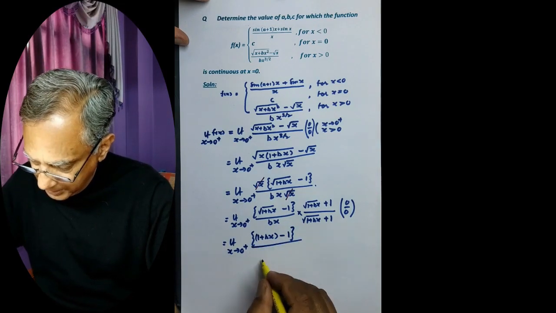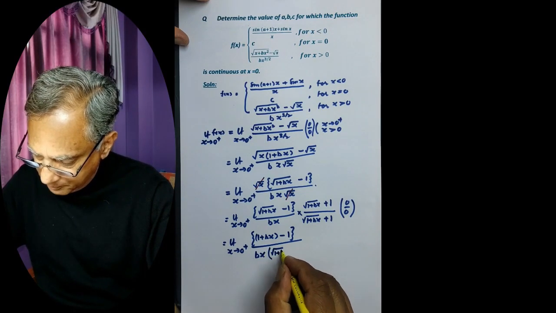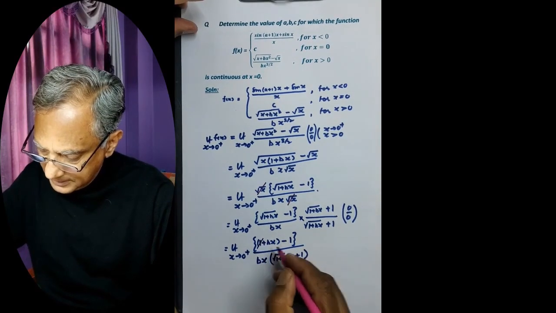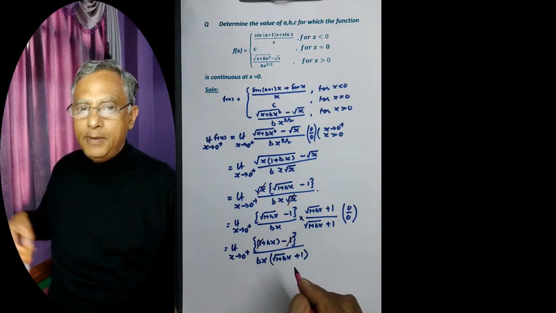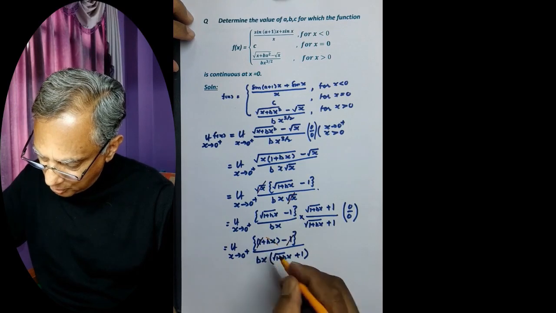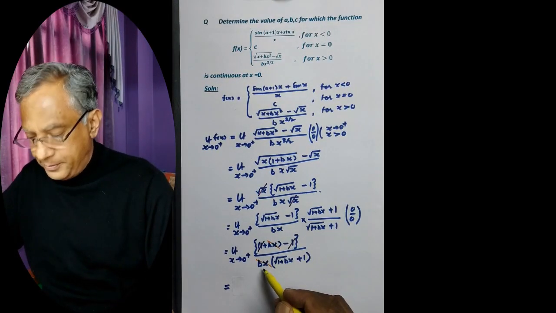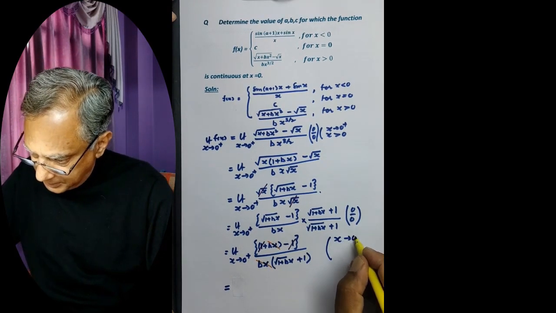And we have bx into under root of 1 plus bx plus 1. Now this cancels, and bx also cancels with bx. We have cancelled bx.